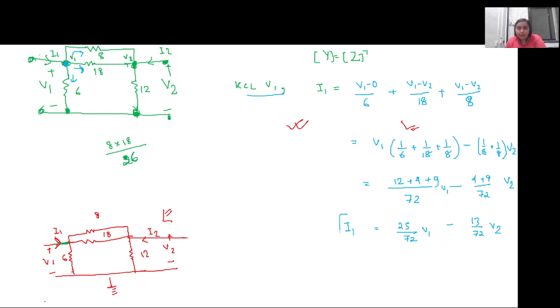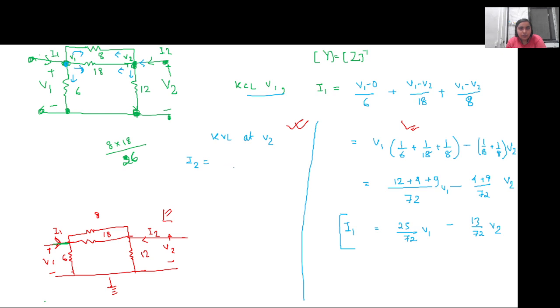Let us keep it as it is, because we can figure out the admittance matrix, which is written as the input and output currents in terms of the input and output voltages. Now let's apply KCL at V2. The current coming here is I2, and let us assume all the other currents are going in this direction.